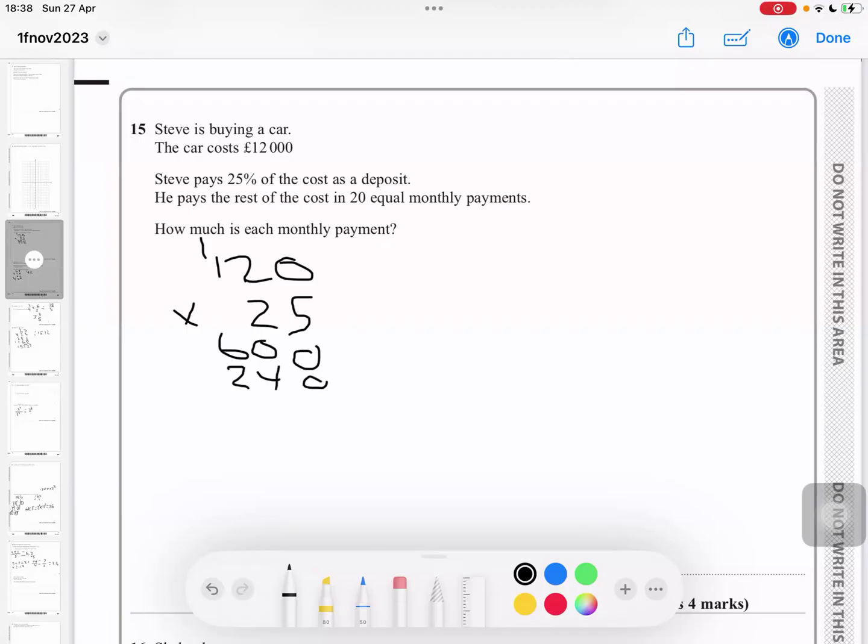Just go ahead how you're going. 5 times 12 is 60. So don't get things mixed up. Which one are you doing? Are you doing 12 times 25 or 120 times 25? 120 times 25.